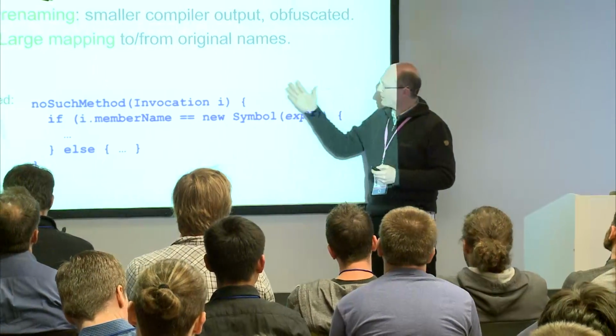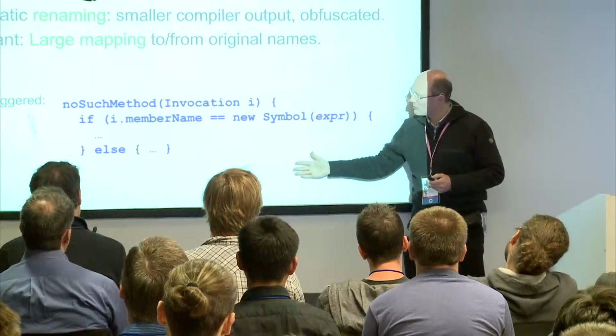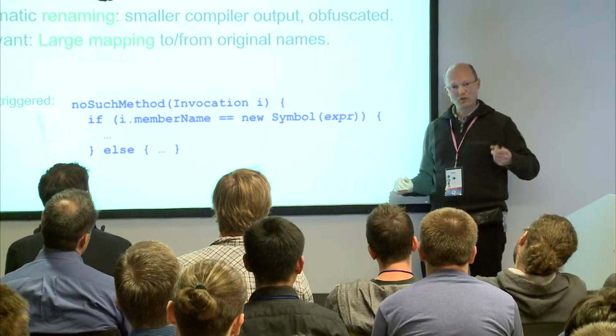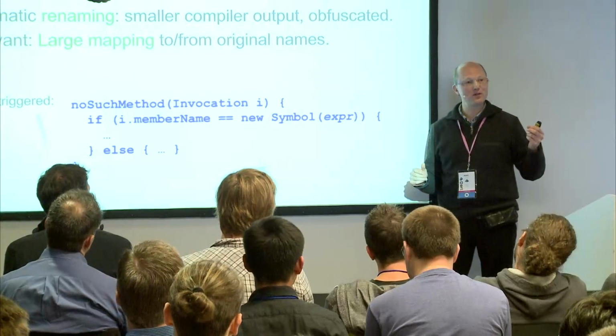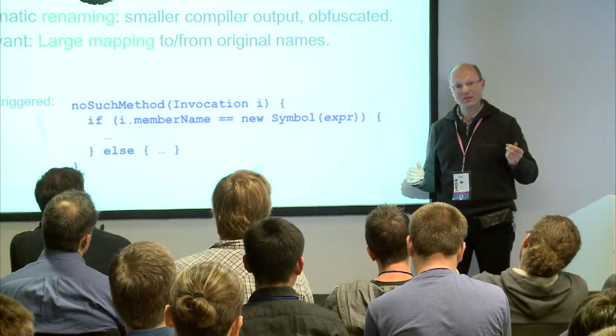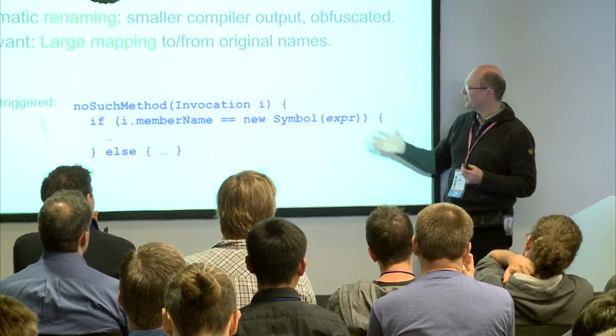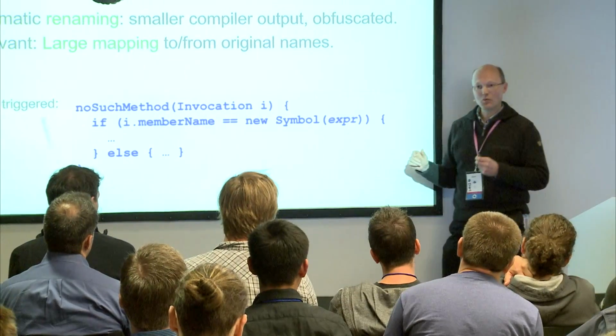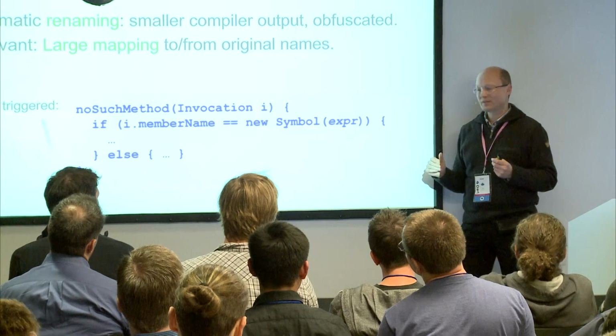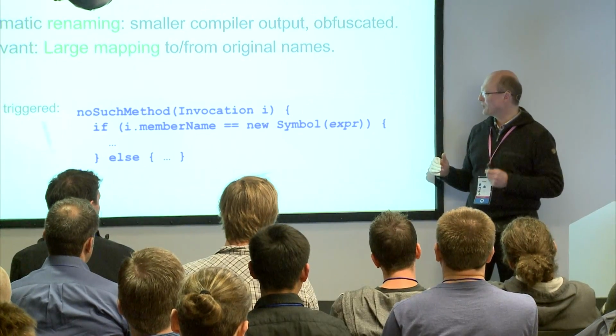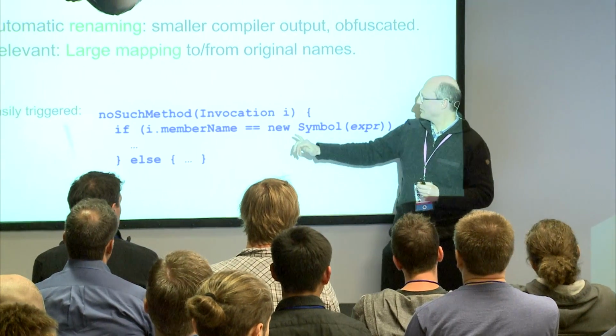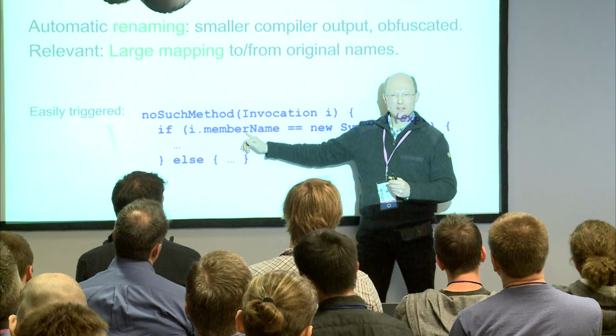Now, if you have a class that implements noSuchMethod because you want to be able to handle the situation where somebody calls a method on this object that doesn't exist, then this guy is called, and then we can subject that invocation to a special treatment. So we take the invocation and we investigate, what were they trying to call?